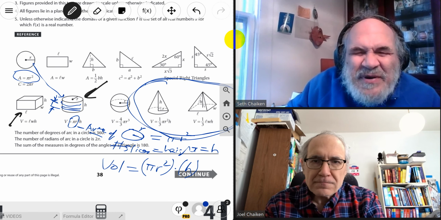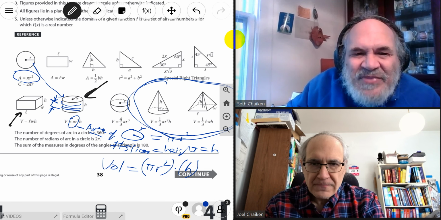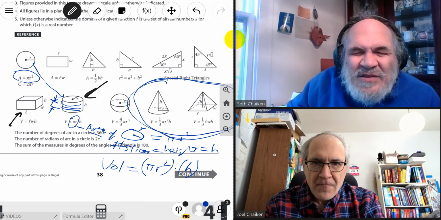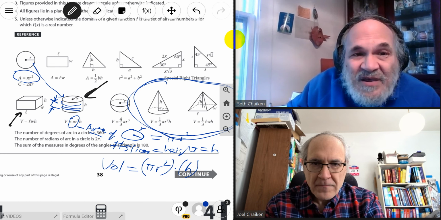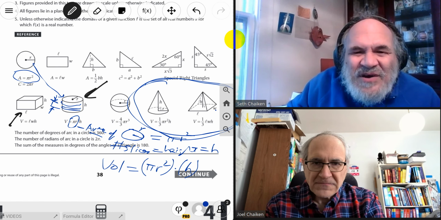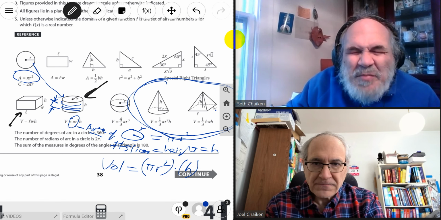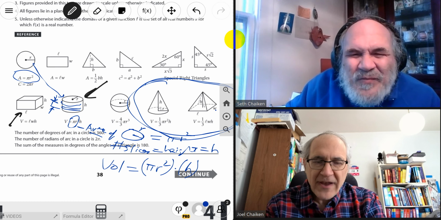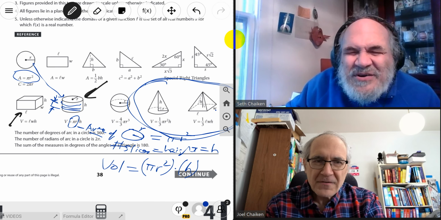For the case of pyramids and cones, the volume is similar. It's the area of the base times the height, but you multiply by a third. Right. Why is it a third?